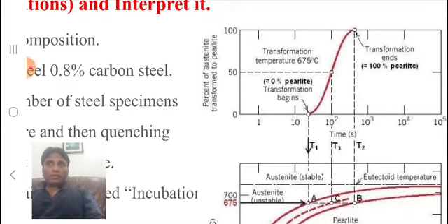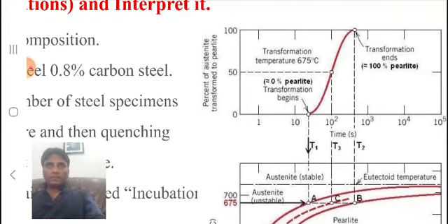And then another point, after the transformation is completed, is drawn on another curve that indicates the finishing of the transformation, that means the completion of the transformation process.